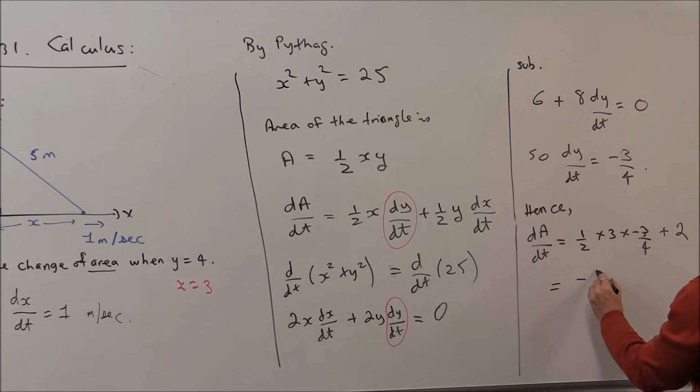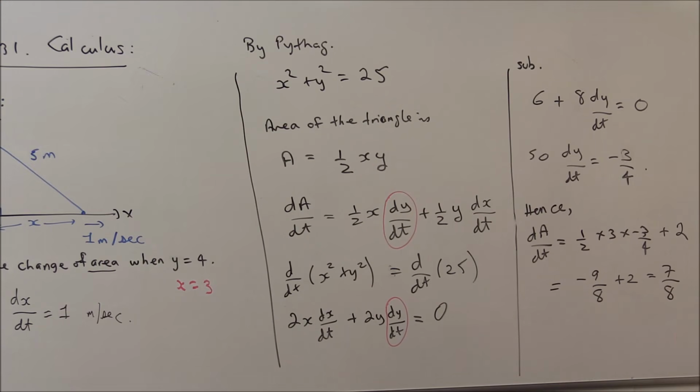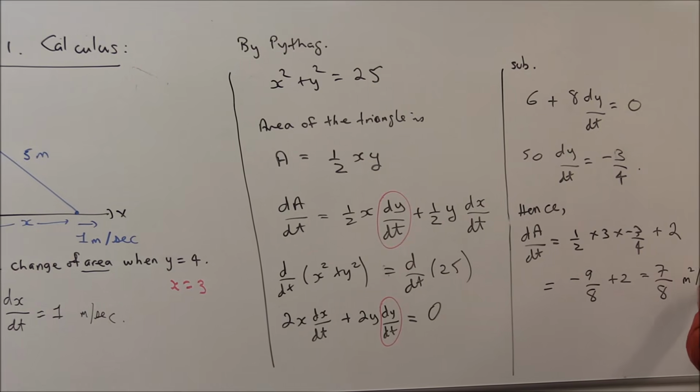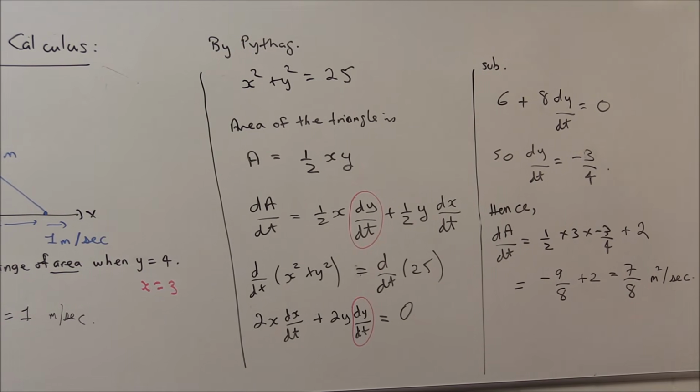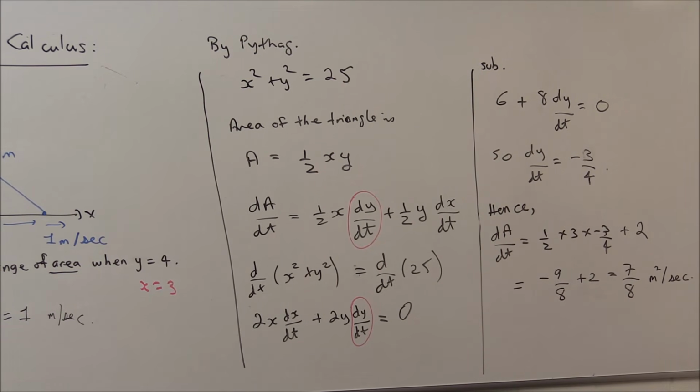So that gives me minus 9/8 plus 2, and 2 is 16 over 8, so that gives me 7 over 8. Now 7 over 8, we should give some units. That's going to be metres squared per second, because the area is measured in square metres. And so that gives me the rate of change of the area.